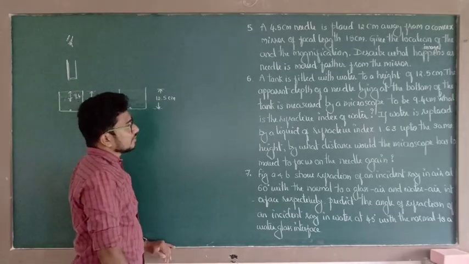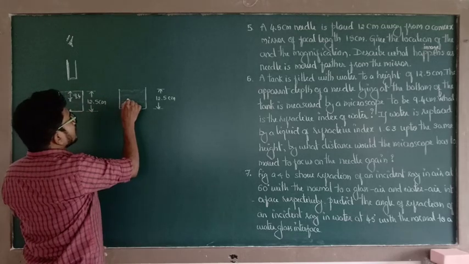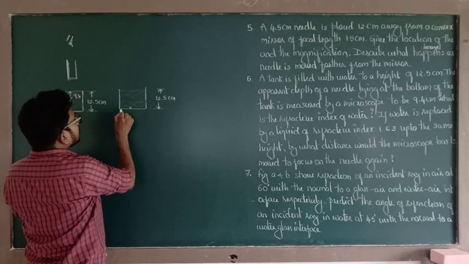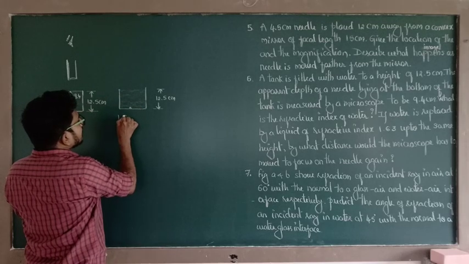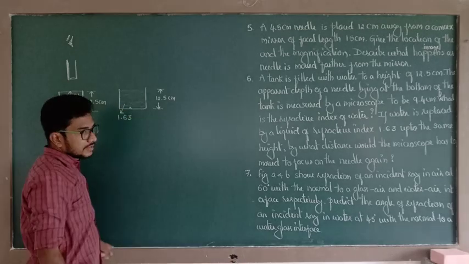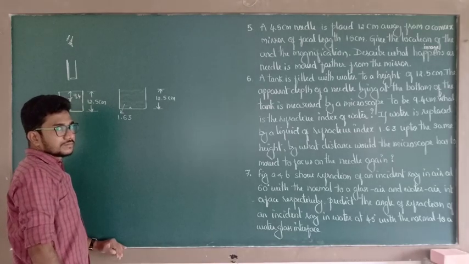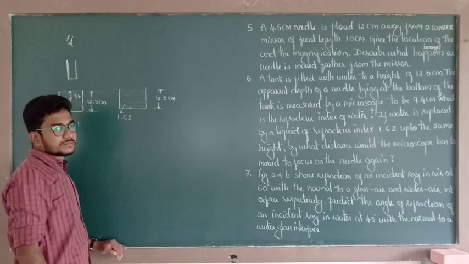So here they have mentioned the refractive index of this medium, that is 1.63. If there is a change in the refractive index, then there should be a change in apparent depth.